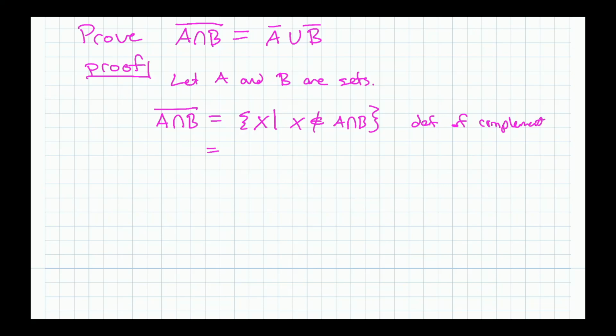Okay, then what can we do? Well, what does it mean to not be in A intersect B? What it means is that this is the set of all x such that x is not in A intersect B. That's kind of lame to write, but I'm just going to write it that way.